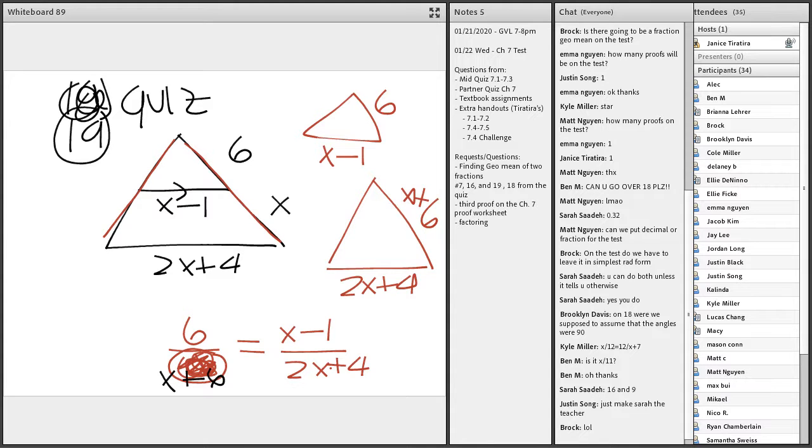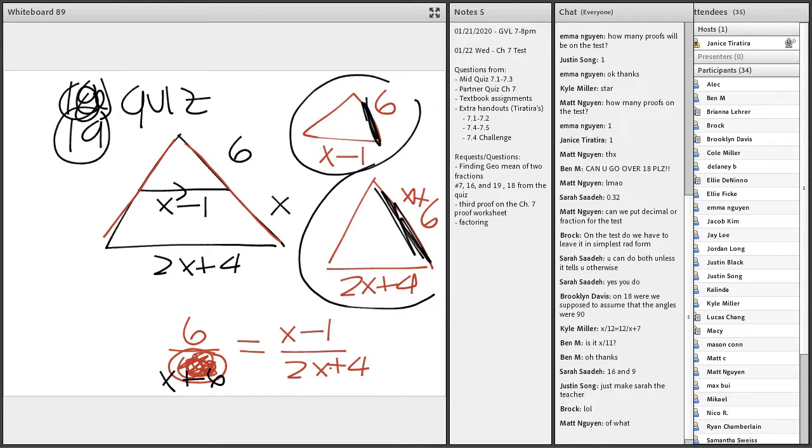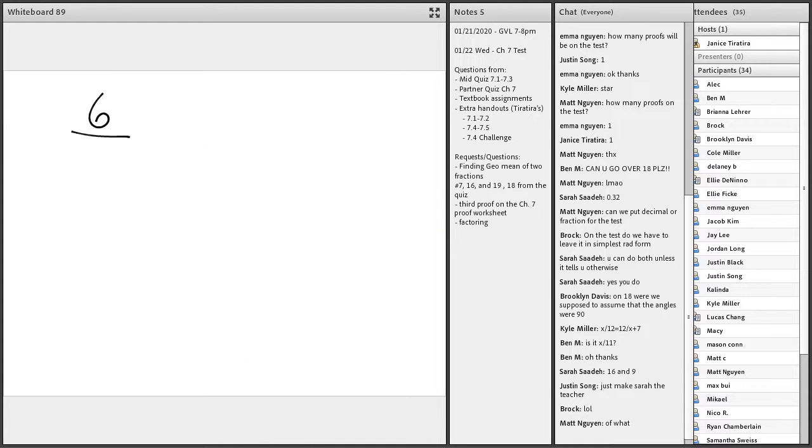From here, we're going to cross multiply and we're going to solve. So again, once again, you have to look at the small picture compared to the big picture. So 6 over x plus 6 and x minus 1 over 2x plus 4. Okay, all right, so then I'm going to go to the next page. 6, x plus 6, x minus 1, 2x plus 4.